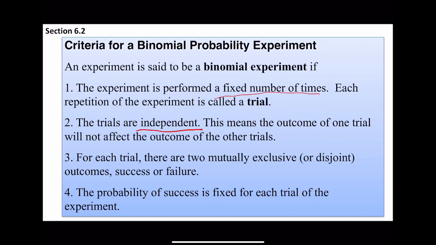Therefore, each one is not independent of the other. But if I have 4 different decks of cards and I pull a card out of each of them, the outcomes do not affect each other, and so those would be independent trials.